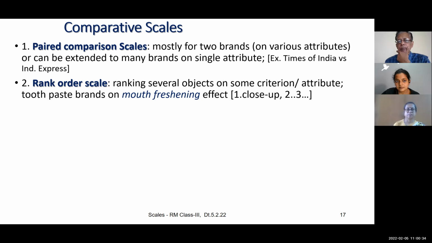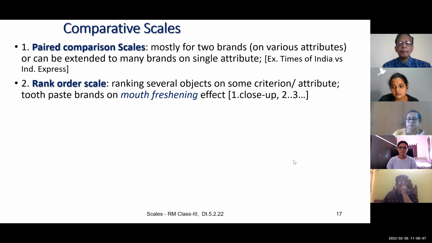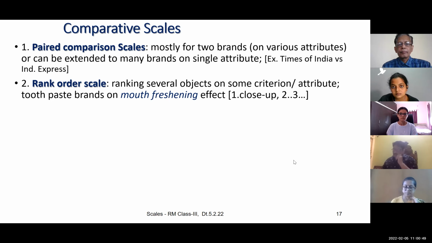So we are comparing among several brands on one attribute, and in paired comparison we are comparing two things. So basically, two brands, several attributes in paired comparison, and in rank order only one attribute, several brands. Okay, sir. Now I got it, sir. Thank you, sir. Okay. Moving forward.